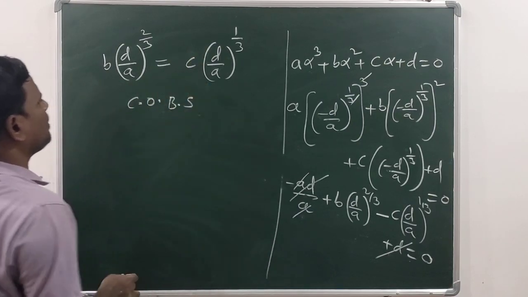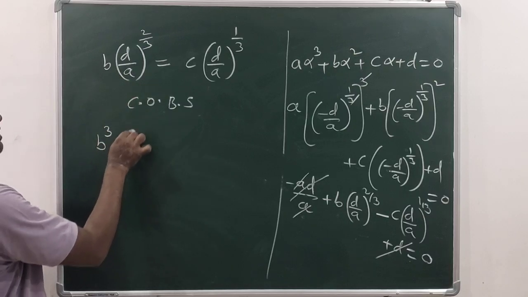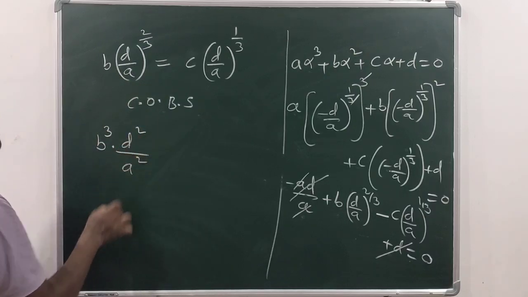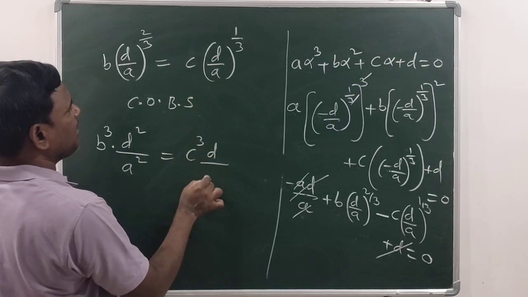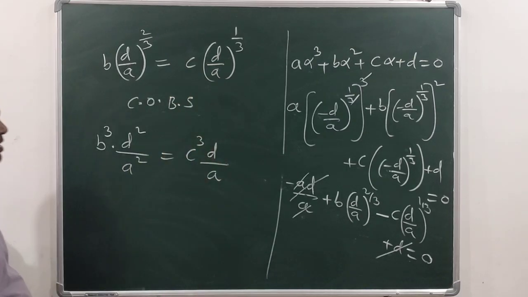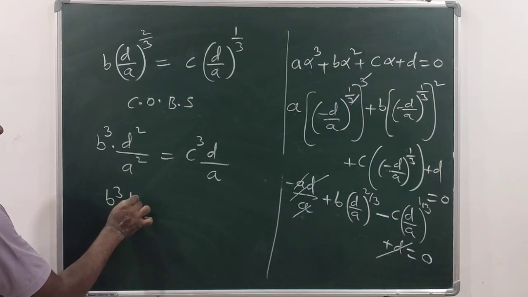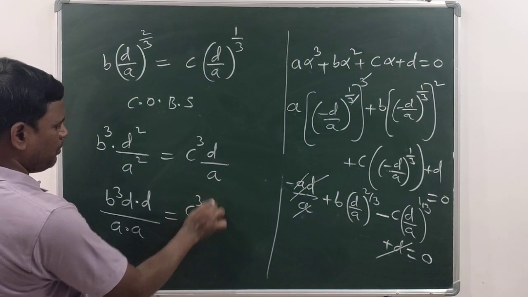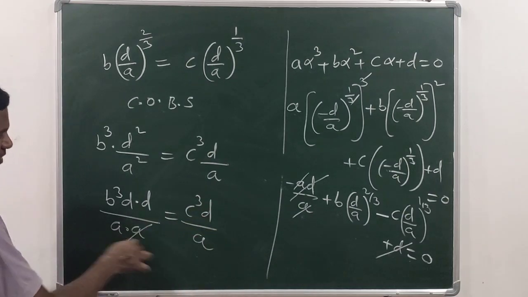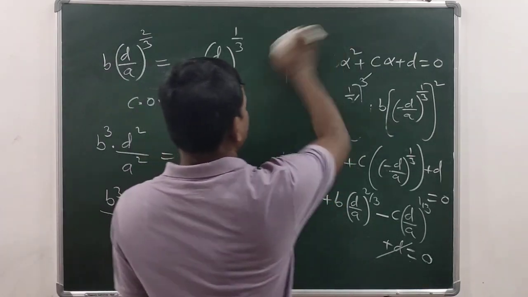If you take cube on both sides, here it is going to be b cube and here it is d square by a square. Now here c cube d by a. Now here b cube into d square. D square you can write as d into d. A square you can write as a into a. So here c cube d by a. One a cancels, one d cancels. Now what is left?